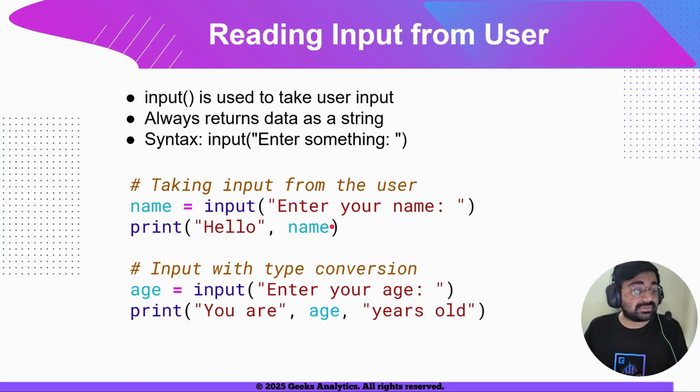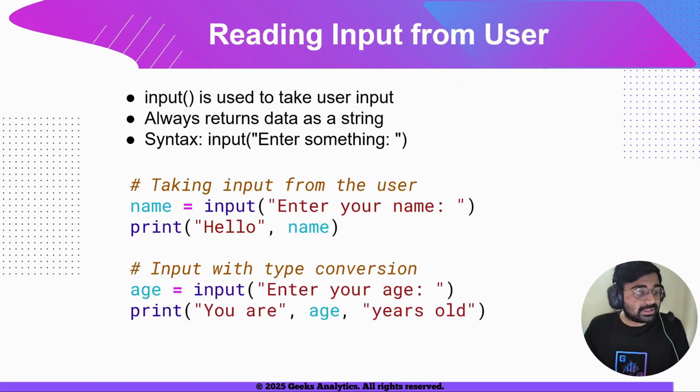If you want something converted to a number, we have the input statement where you enter your age and where you add an int around it, and only then will it get converted to an integer type. We'll see how to convert this age to a proper integer value.